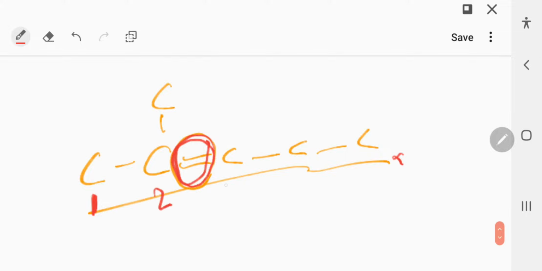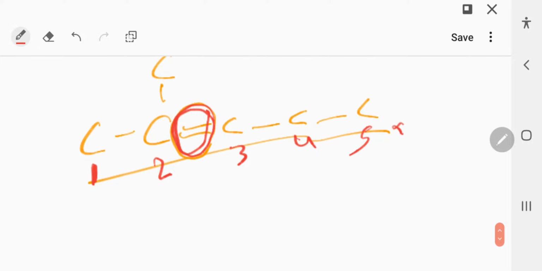So 1, 2, 3, 4, 5. 5 means that we are talking about pent. Same thing, the prefix depends on the number of carbon atoms. Now, instead of using ane, we're going to add ene to have pentene.